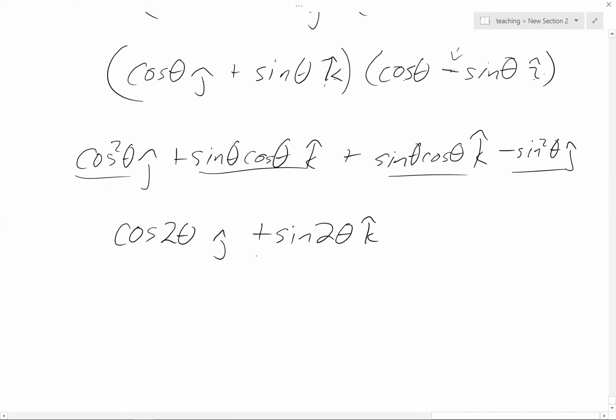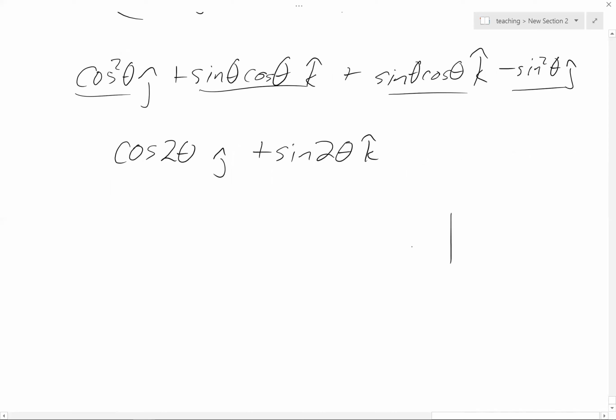So what is this? Well, if I graph just the JK plane, I started here at J, and then I rotated 2 theta to the point cosine 2 theta, sine 2 theta.